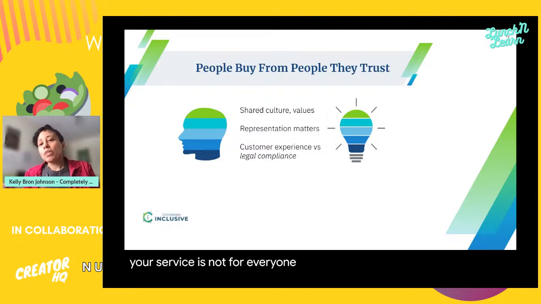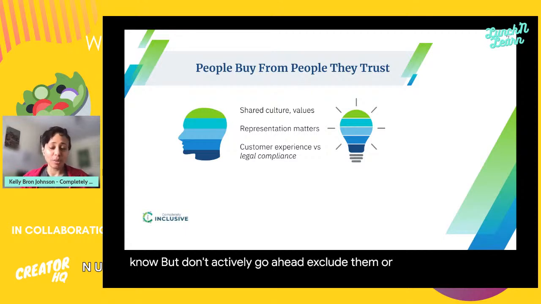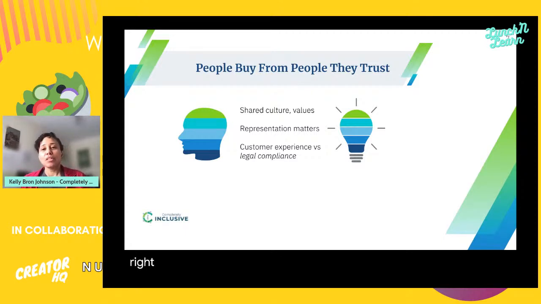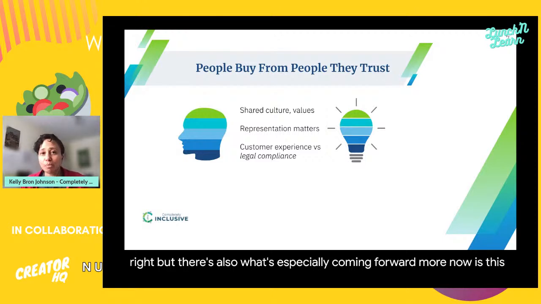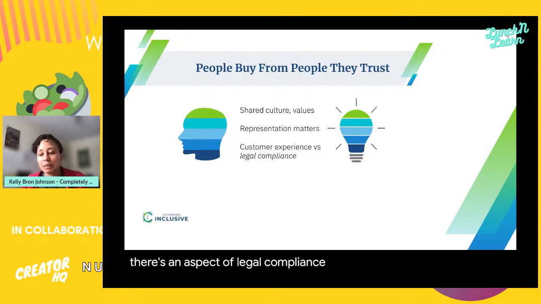That's fine, but it's really important not to exclude people at the same time. Let customers decide for themselves where they're going to buy, but don't actively exclude or discriminate against them, right? But what's especially coming forward more now is an aspect of legal compliance.